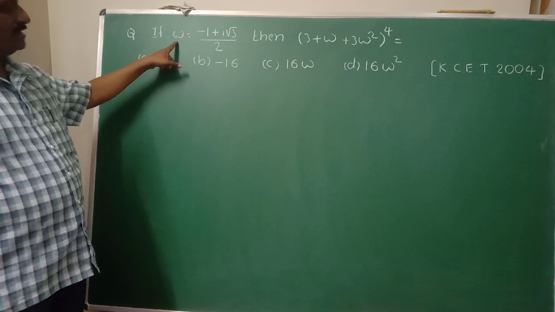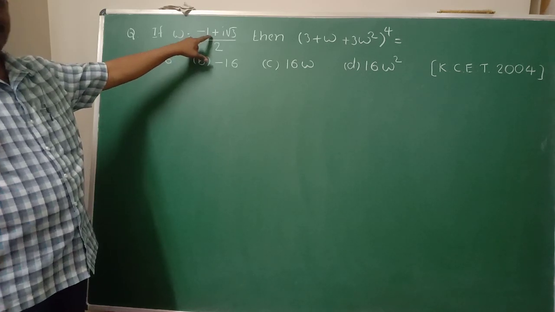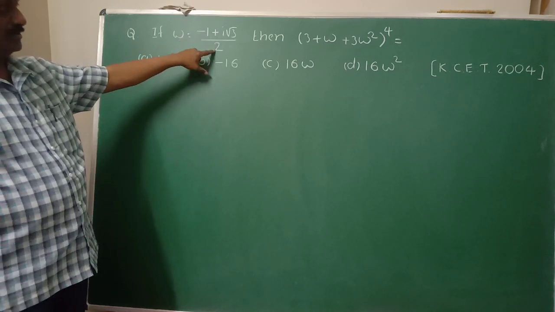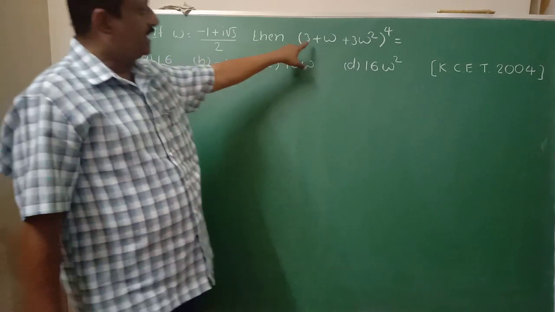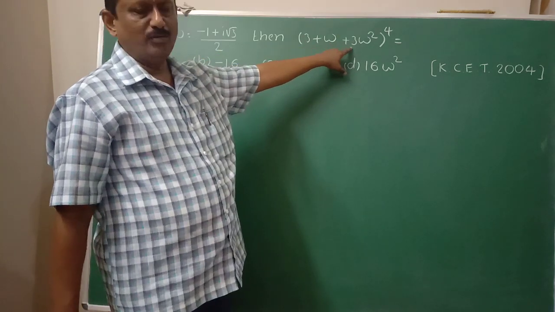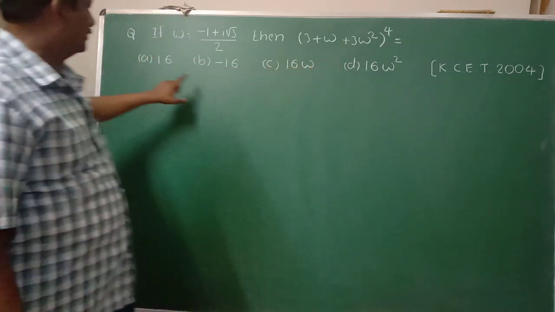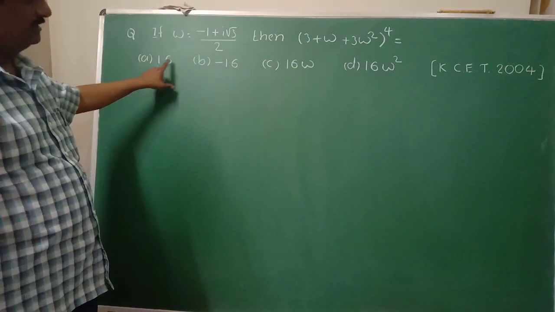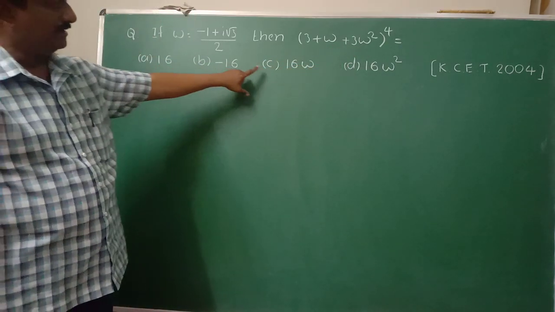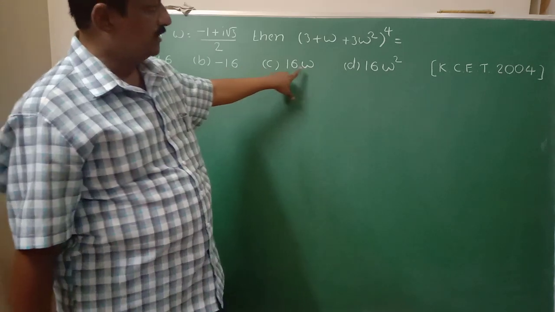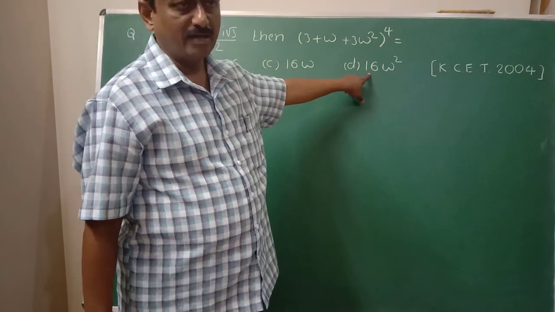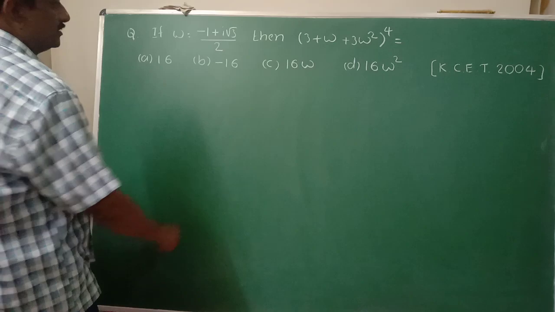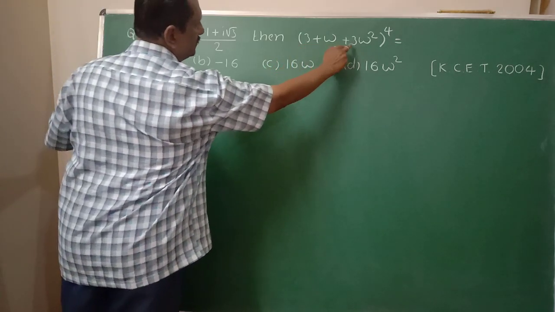If omega is equal to minus 1 plus i root 3 divided by 2, then (3 plus omega plus 3 omega square) raised to 4 is equal to what? First option 16, second minus 16, third option 16 omega, fourth option 16 omega square. So from these two terms, 3 is a common factor.